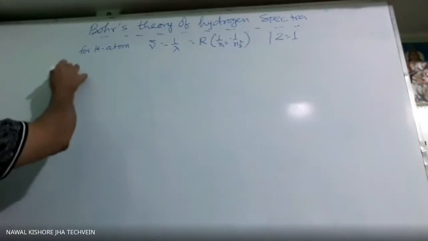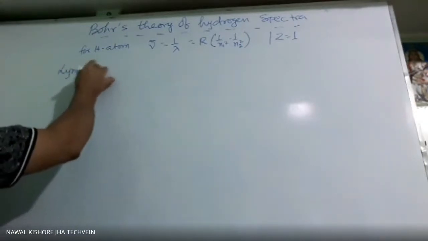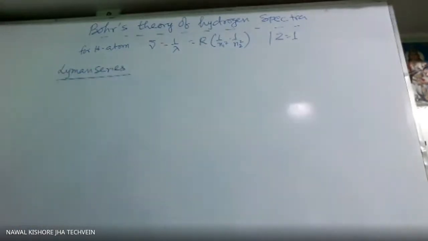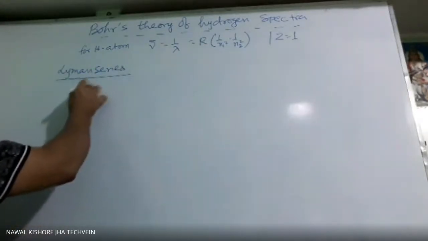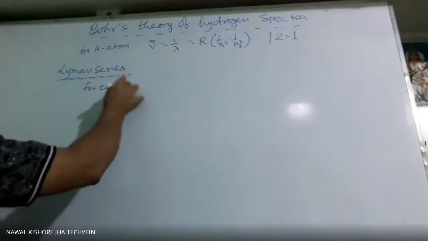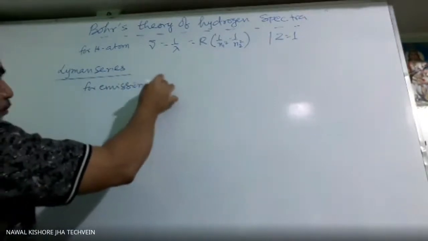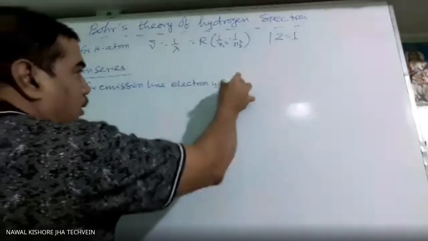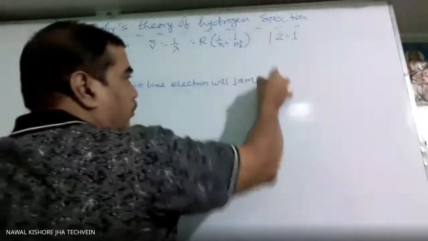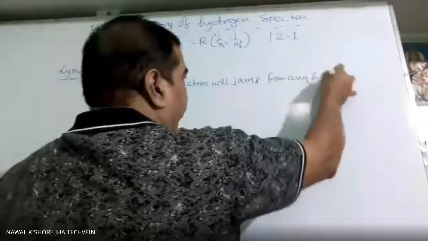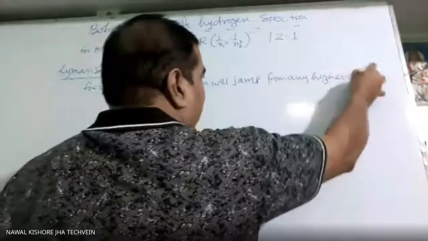So Lyman series. In this case, what will be? For emission line, electron will jump from any higher orbit to first orbit.